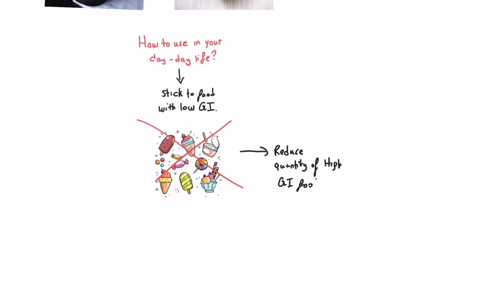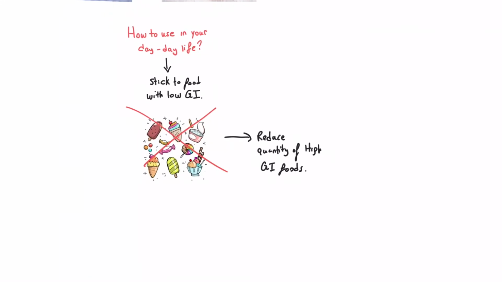I think that's sensible. Not only is there an advantage in cutting down on this food, another advantage is that it reduces your blood sugar level, or blood glucose level, which also prevents chronic conditions like diabetes.